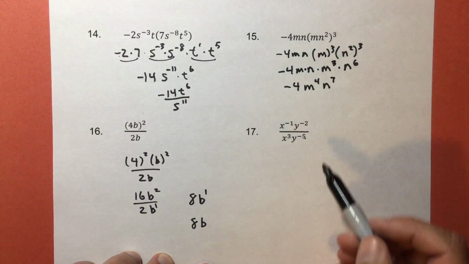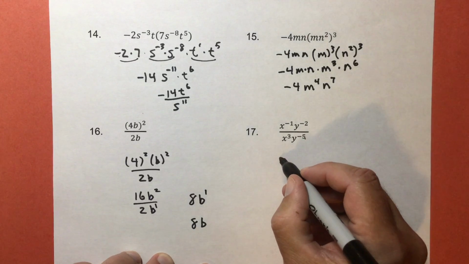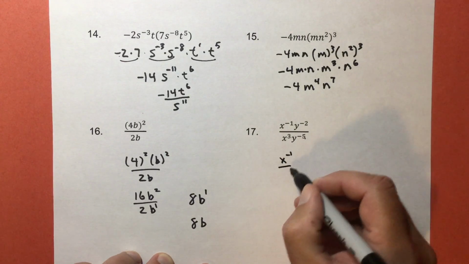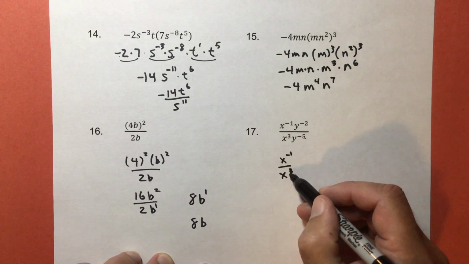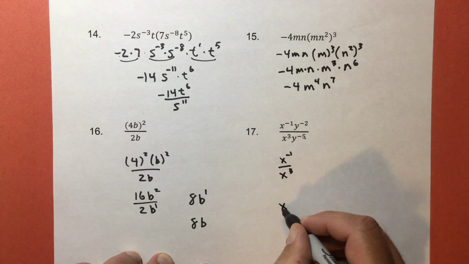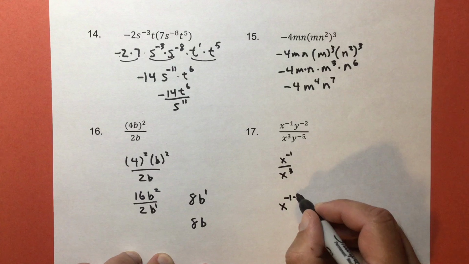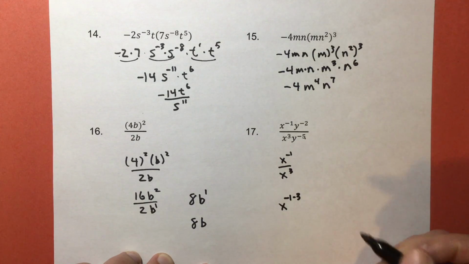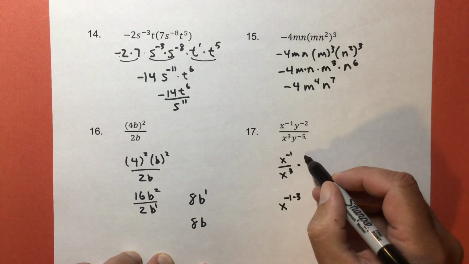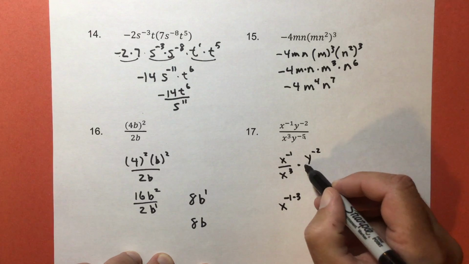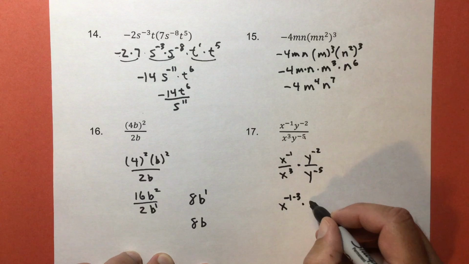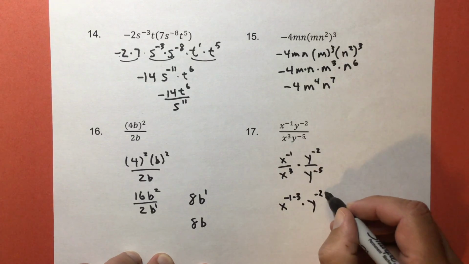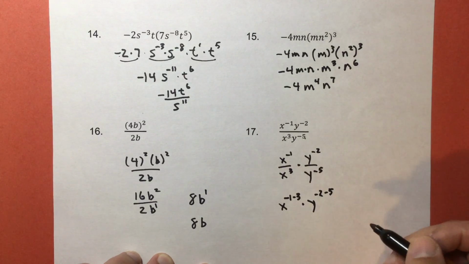Okay? So remember, when I have a quotient with exponents, I'm going to subtract the exponent. So this is going to become x to the negative 1 minus 3 power. I also have y to the negative 2 over y to the negative 5, so y to the negative 2 subtract 5.